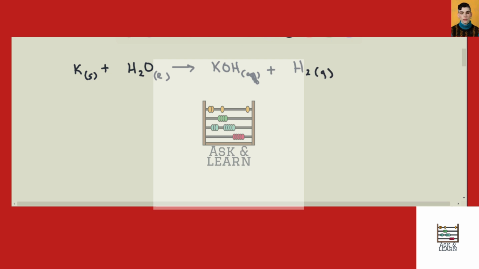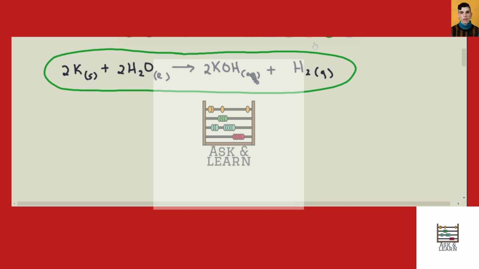To balance this, I am going to need to add a 2 here, and then I would require 2 potassiums and 2 waters. So now there's 2 potassiums on both sides, 4 hydrogen, and 2 oxygen. So this is now balanced.